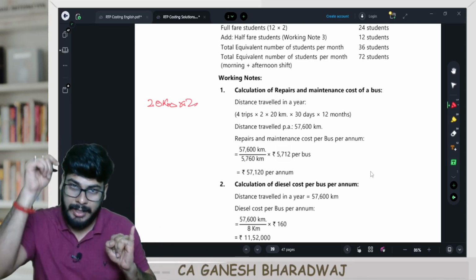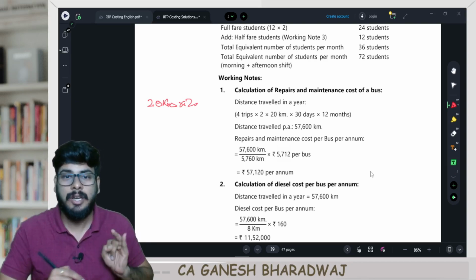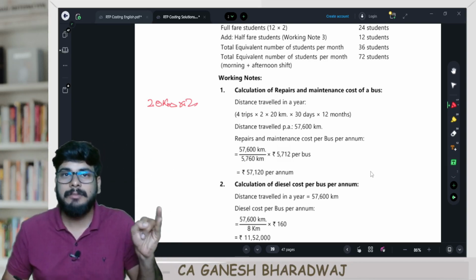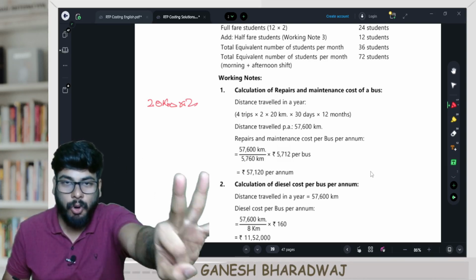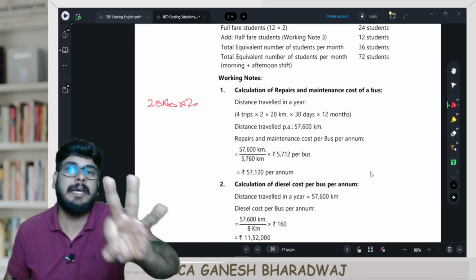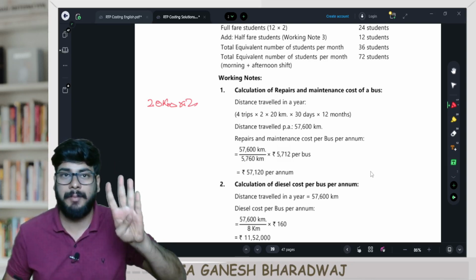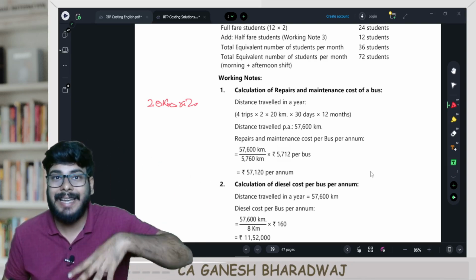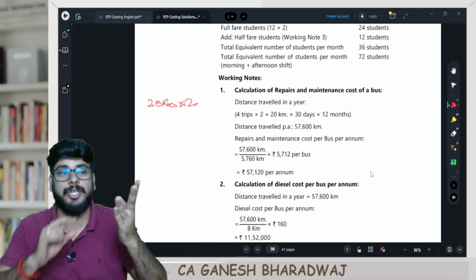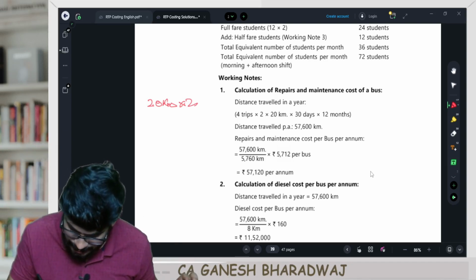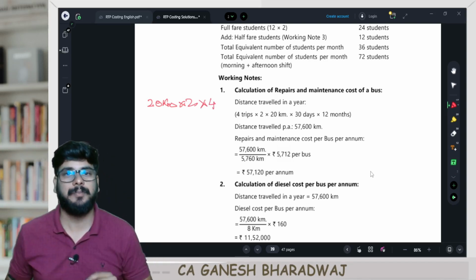And for the same morning batch students, once again it will go, drop them and come back. Similarly, for the afternoon batch, it will go, pick them up and come to the college, and once again go and drop them back, which means in a day it makes 4 round trips, 2 trips for the morning students and 2 trips for the afternoon students. So can I say into 4 trips a day, correct?